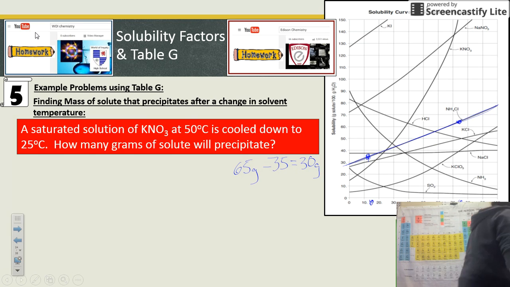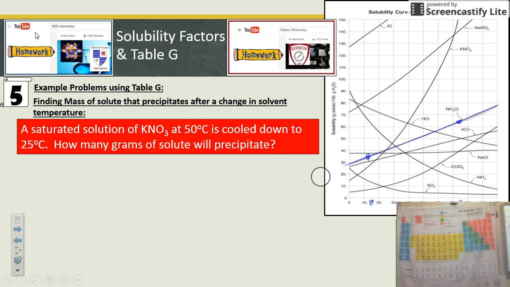Okay, do lots of examples here, so that we can get the concept of how we use this chart. A saturated solution of potassium nitrate at 50 Celsius is cooled down to 25. So let's start with our temperatures. We're given 50 and 25. And we're talking about KNO3, this very steep curve right there, that one. Smartboard's a little out of calibration, so let's see what we can do.